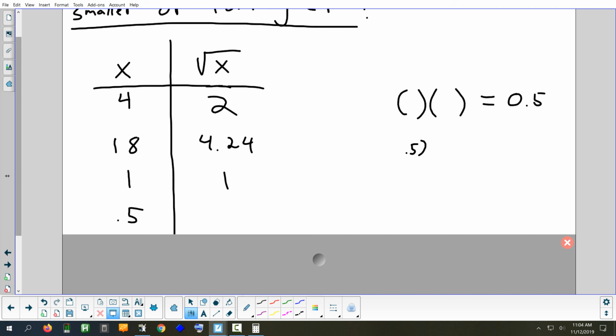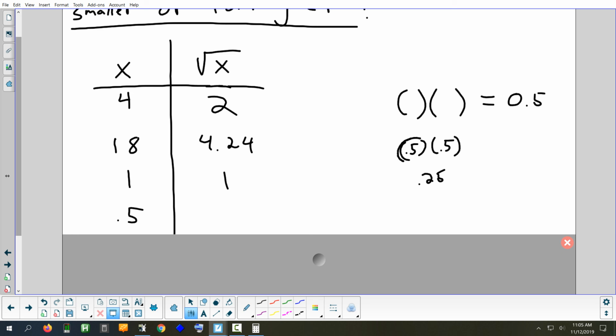If you tried 0.5 times 0.5, what's 0.5 times 0.5? Or what's 1/2 times 1/2? It's 1/4. That's not 0.5. It's too small.